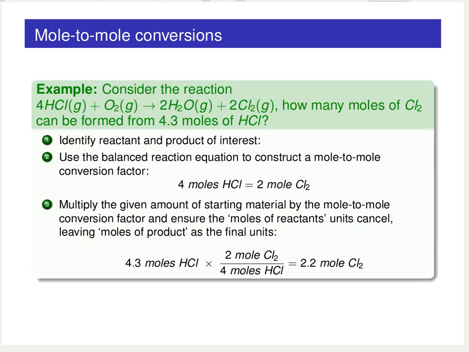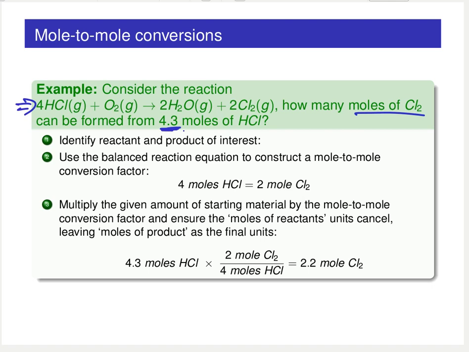So let's see a little bit more complicated example. Let's say that we are reacting hydrochloric acid with oxygen to form water and chlorine gas. And so we're given the balanced chemical reaction equation right here. What we want to determine is how many moles of Cl2 can be formed from an initial quantity of 4.3 moles of HCl.